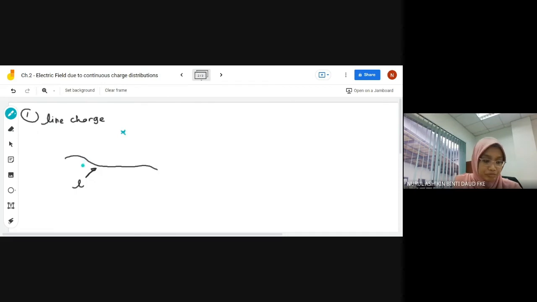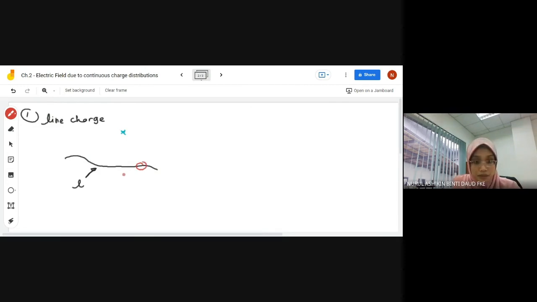Same as before, we have to make a sample anywhere in this line. For example, let's take a sample at this point.